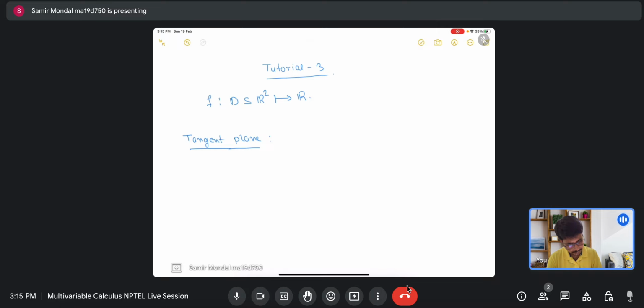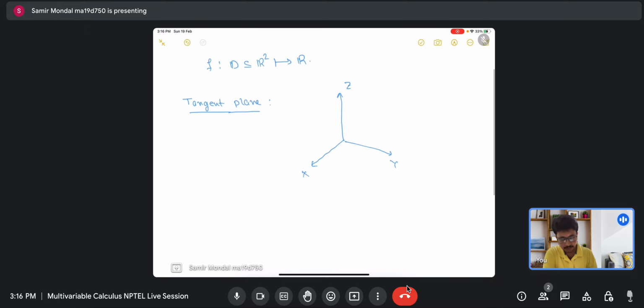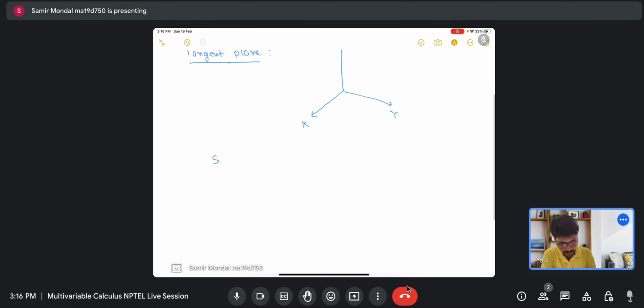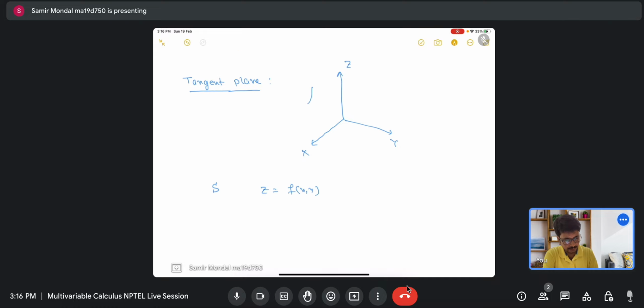Basically, if we draw one picture, this is your x, y, and this is your z axis. If we consider the surface S, where the surface is z equal to f of x, y, suppose it looks like this.